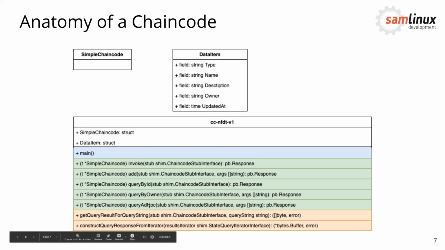And then in this way, you can write different functions. And these are the green ones and these orange ones. These are two standard functions, which I have also found in the Fabric examples. And this is get query result for query string.